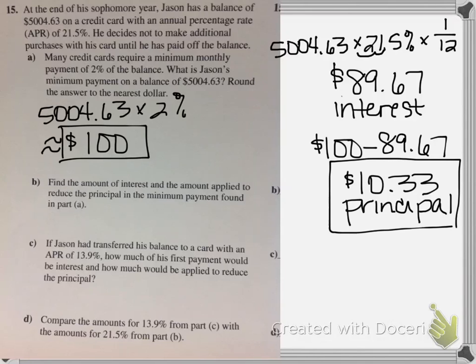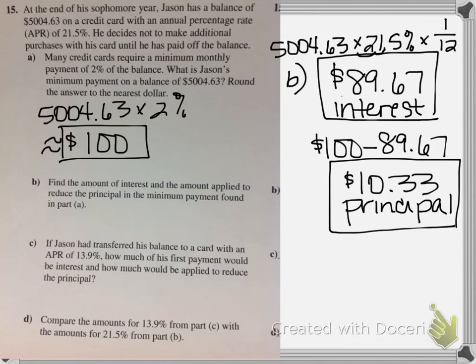So out of my initial payment of $100, only $10.33 is going to pay down my balance, because $89.67 is going towards that interest. So a lot of money is going towards the interest, because it is a really high interest rate. So this is the answer to part B, both parts.